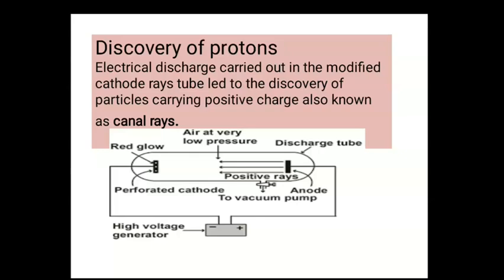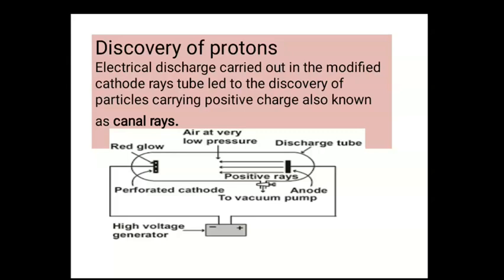He also took a long discharge tube, but he modified this experiment. He kept the anode as such, in solid form, but he made the cathode perforated, means having some holes. So here the cathode was perforated.